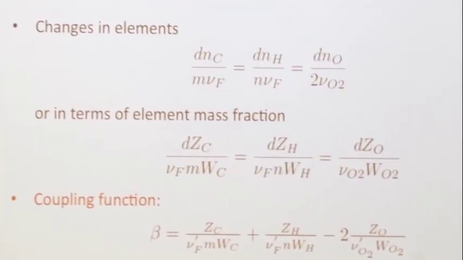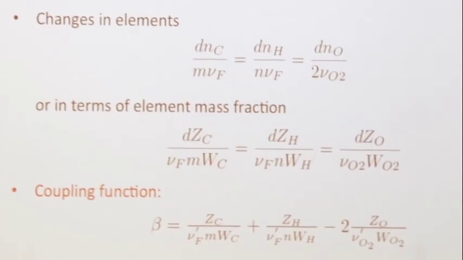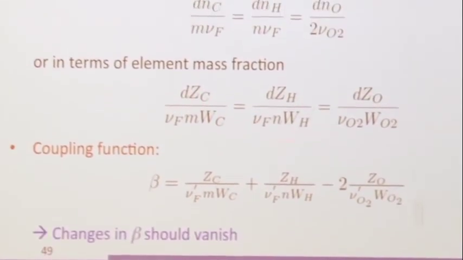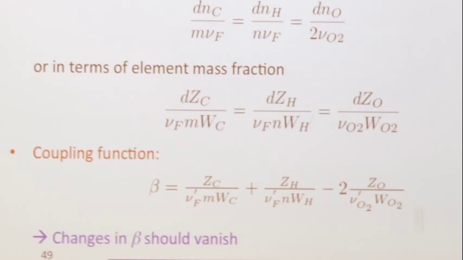This is in terms of element mass fractions, and if all of these are the same, I can take this plus this minus 2 of these, and that should be 0. So if I define a quantity beta like this, it has a certain value, whatever the value is.